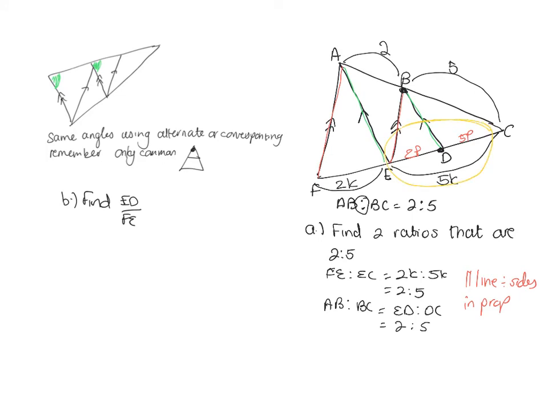We're going to equate the 5K, which we know is EC, and it's equal to 2P plus 5P. So let's write that down. We're going to say 2P plus 5P equals 5K. So 7P equals 5K. So let's get 7P over 5 equals K. So now we can say ED is equal to 2P, which is 2.